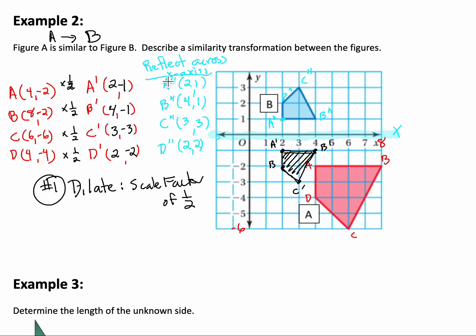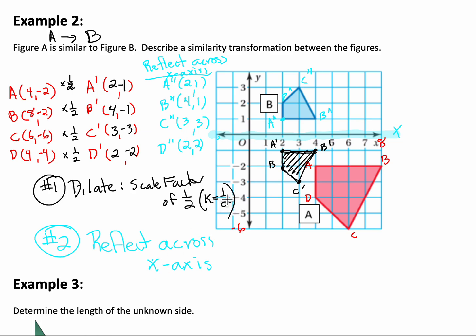Now the second step I had to do, number 2, was to reflect across the x-axis. And that helps me really get the details in there. Now with the scale factor, instead of saying scale factor of 1/2, you could have used k equals 1/2 and used more of the symbol part of that.